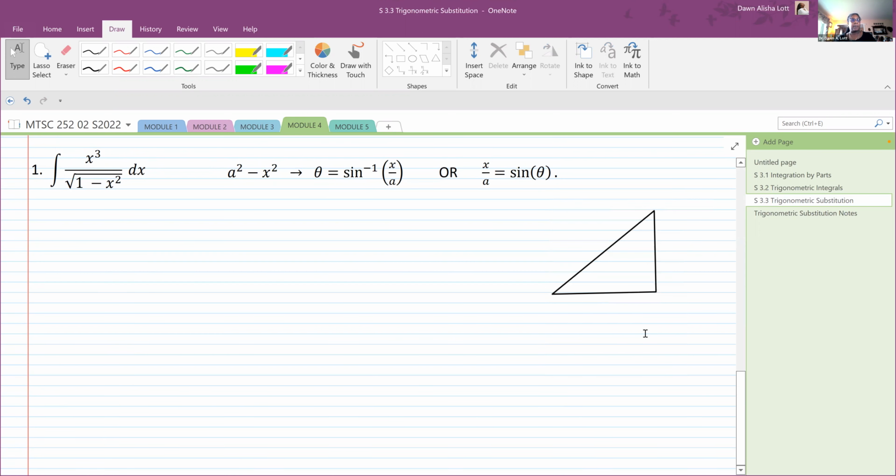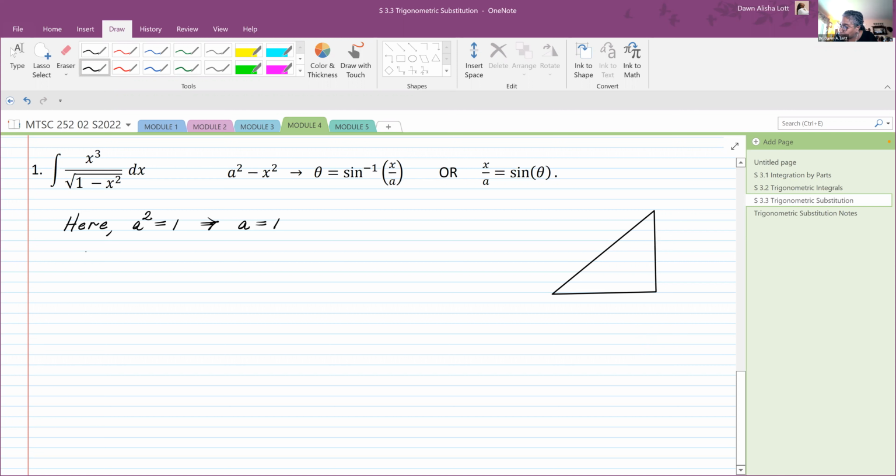All righty. Okay, so I see in this problem, I have 1 minus x squared. So that looks to me like an a squared minus x squared inside of my integral. So in this problem, a squared is indeed 1, so a will be 1.